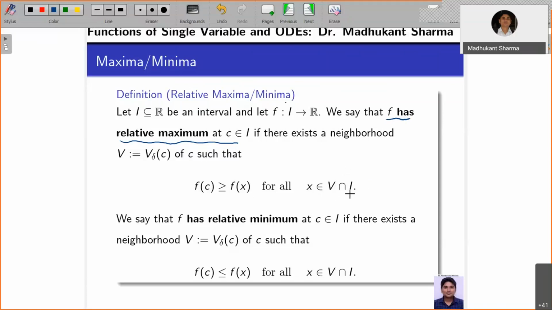If you have the opposite, f of c is less than or equal to f of x for all x in this neighborhood, then we say that f has a relative minimum at c.